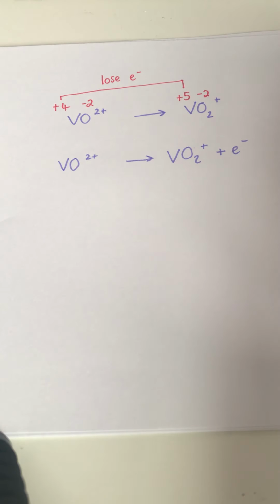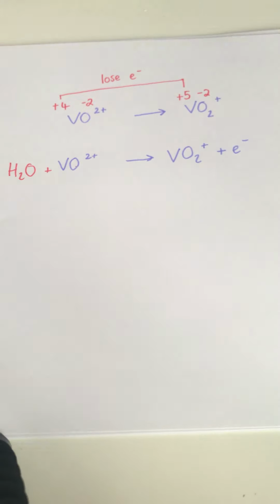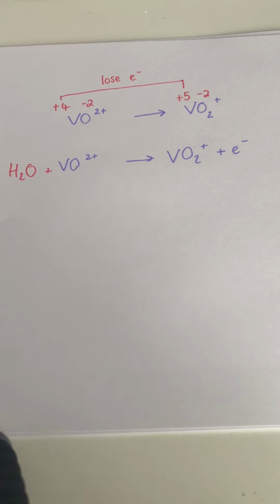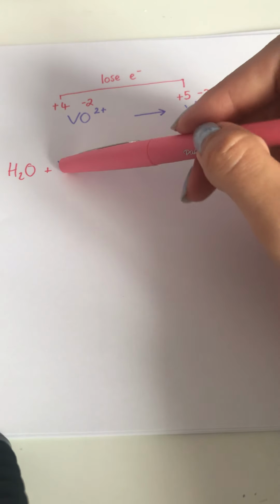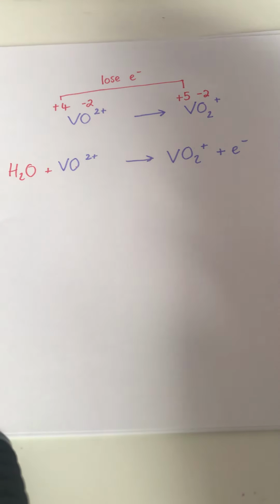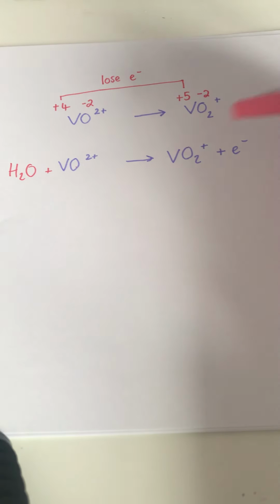So the way to balance that is I'm going to add some water on the left. So I can see that my vanadium's balanced, I've got 1 on this side, 1 on this side. I can see that my oxygens balance, I've got 1, 2 on the left-hand side and 2 on the right-hand side.